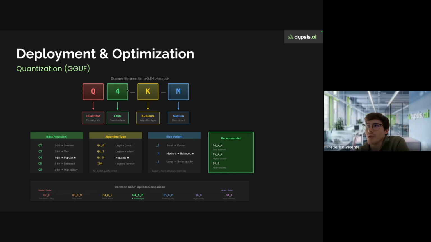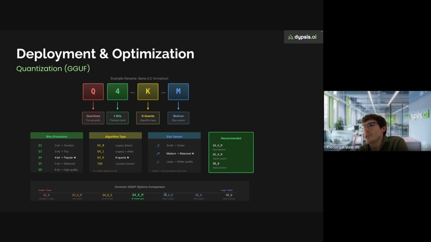So, for example, this one would mean that it was quantized with 4 bits using the K algorithm, with the medium variant. It's important to find a sweet spot, because if you go to a very low precision, you start losing a lot of quality.